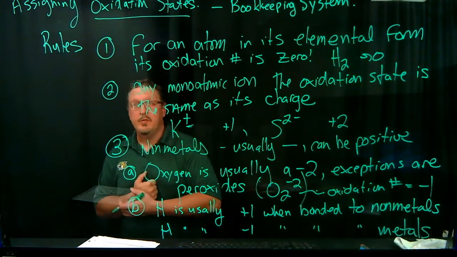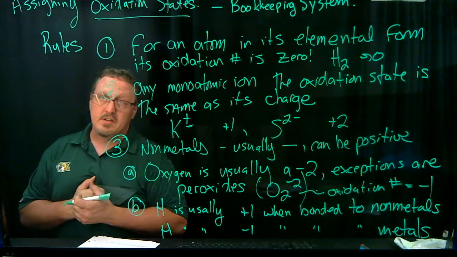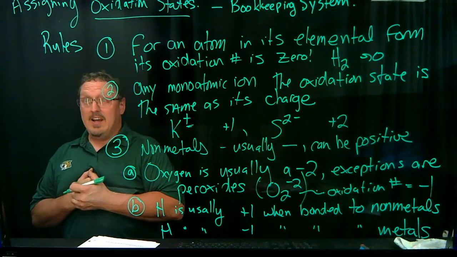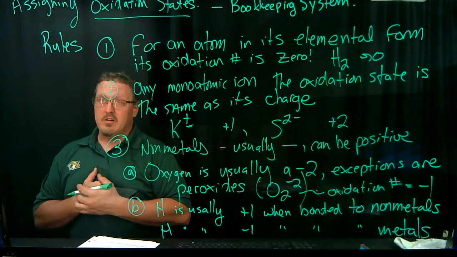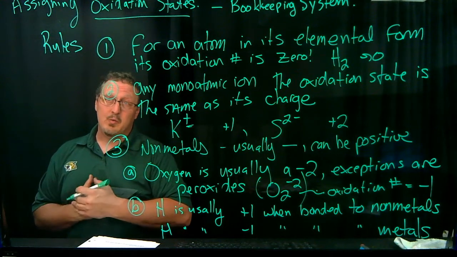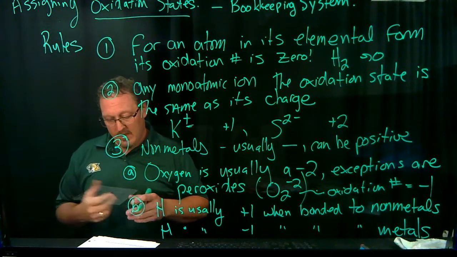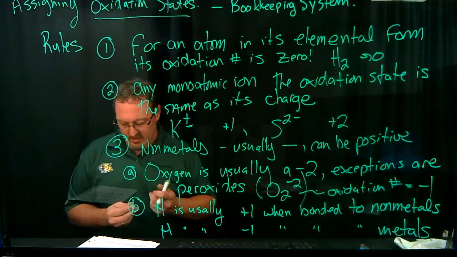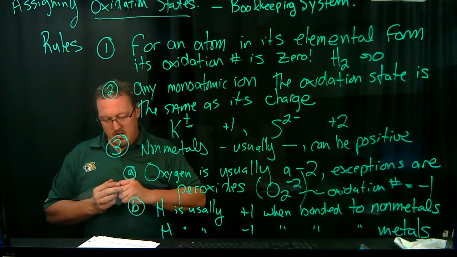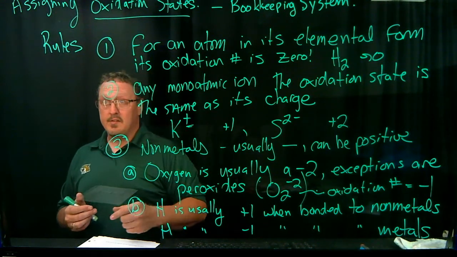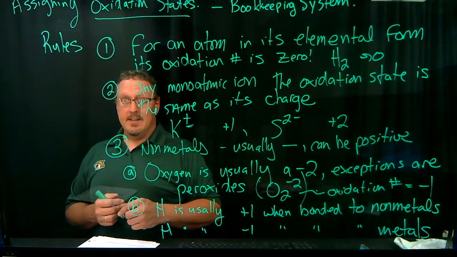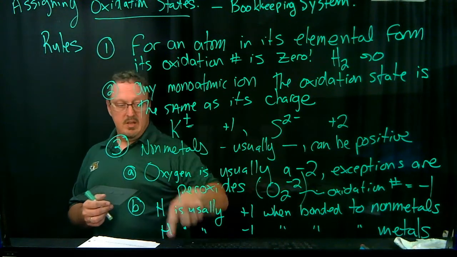Okay, so it depends on who it's hanging out with. Hydrogen can be duplicitous in its nature, and if it has to, it'll give up an electron or it'll take an electron in based on who it's with. Okay, so that's hydrogen.